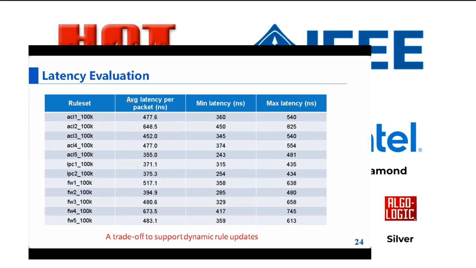Although our latency is not very advantageous compared to some pure pipeline designs with only a few stages, it is a trade-off to support dynamic rule updates and large-scale rule sets. Nevertheless, we aim to reduce latency in our future work.